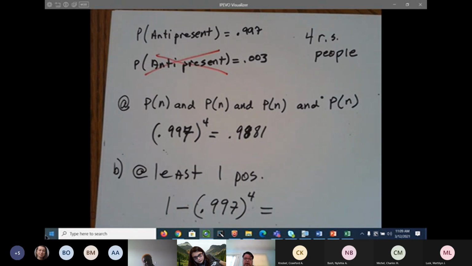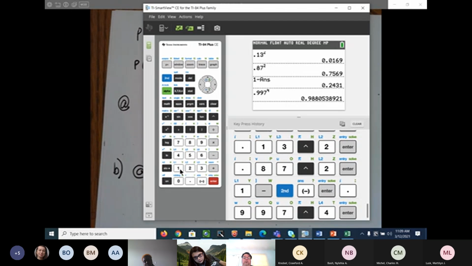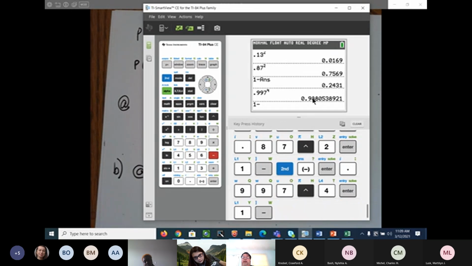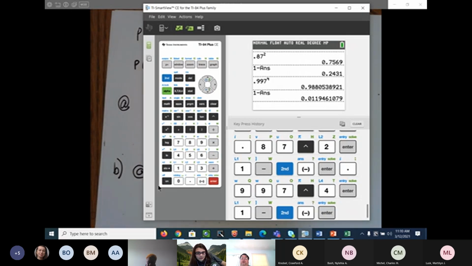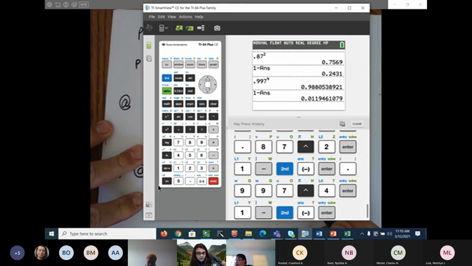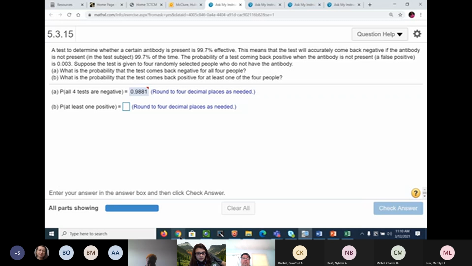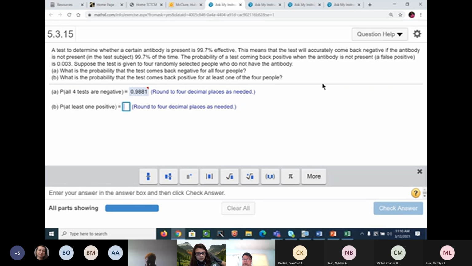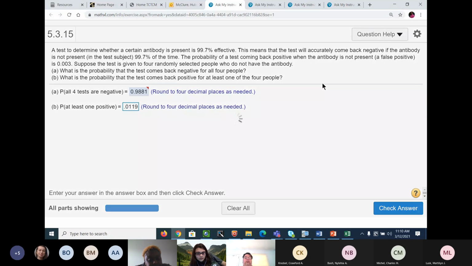And I'm going to take my handy dandy calculator and do 1 minus that answer right there, and that's 0.0119. Let's put that in the answer. 0.0119. Hopefully I didn't type that one in wrong.